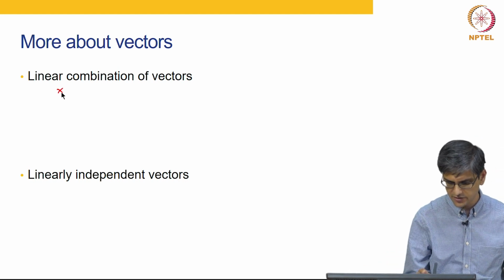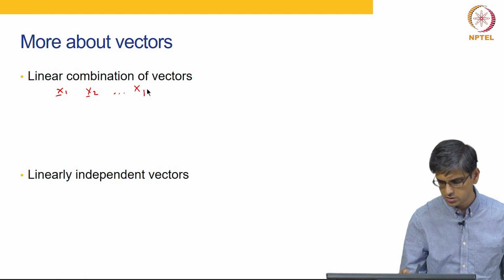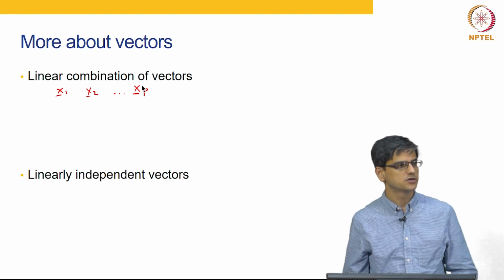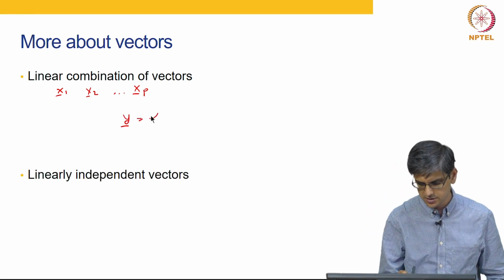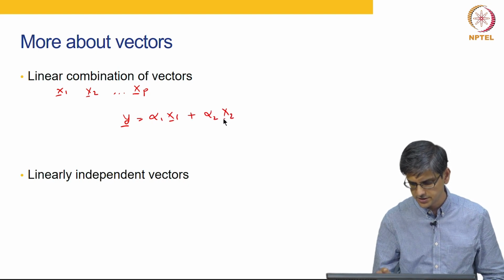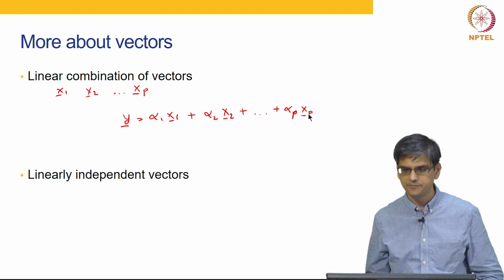Let us say you have vectors x1 bar, x2 bar and so on up to xp bar. What is linear combination of these vectors? Let us say y bar is alpha 1 x1 bar plus alpha 2 x2 bar and so on up to alpha p xp bar.